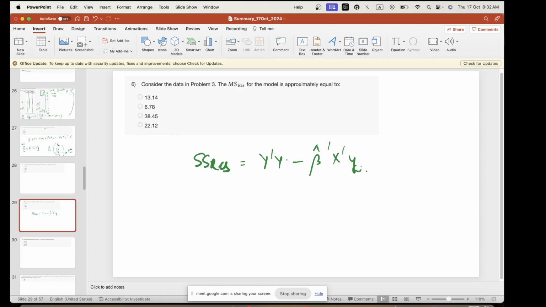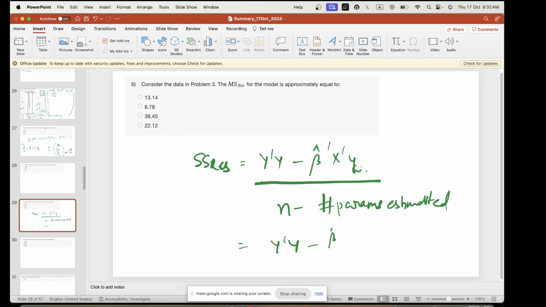Once we have this, SS residual divided by its degrees of freedom, that would be n minus number of parameters estimated. So here it would be y transpose y minus beta hat x transpose y by n minus 4.